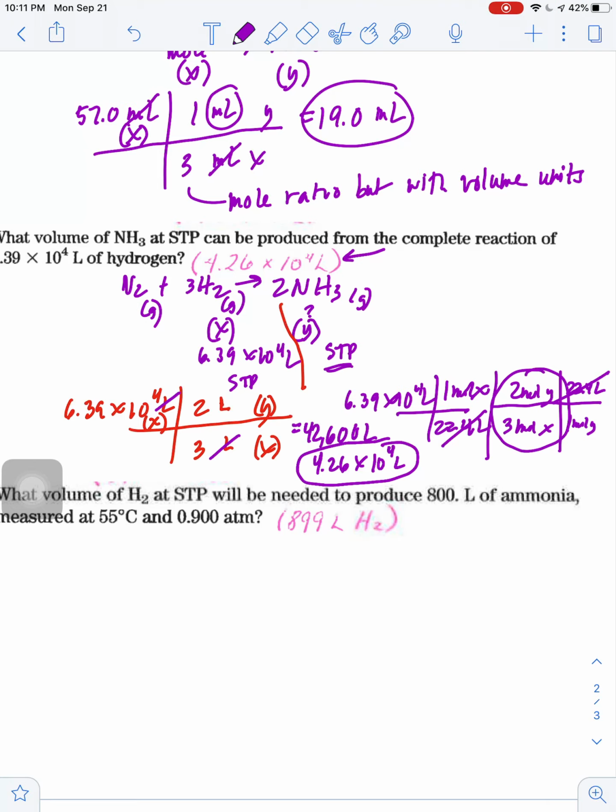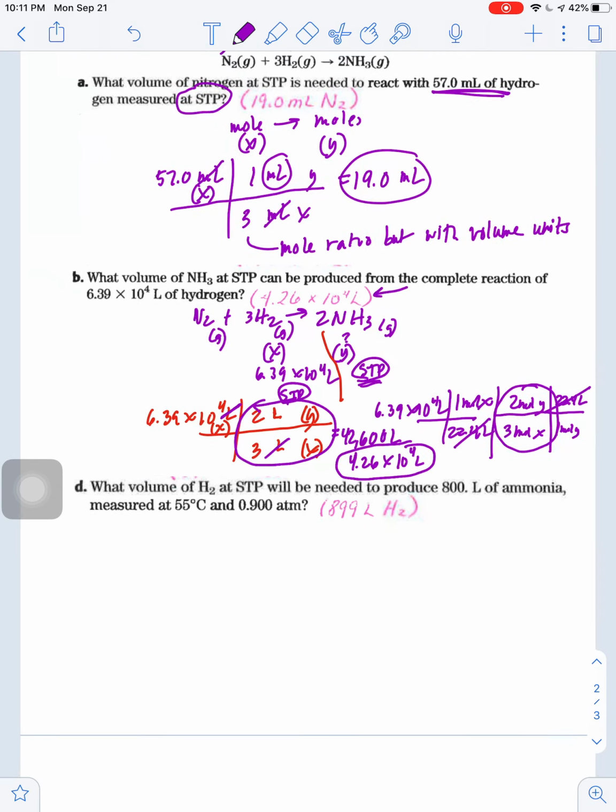You wouldn't have to, because it's still got 3 significant digits either way. So again, the conditions were the same before and after, so I only need to use the mole ratio as my conversion factor and change the units to match whatever's given.